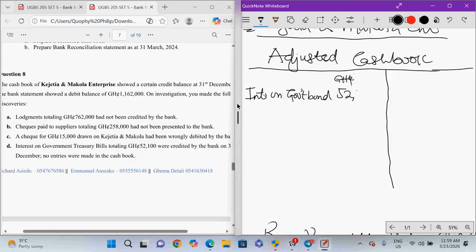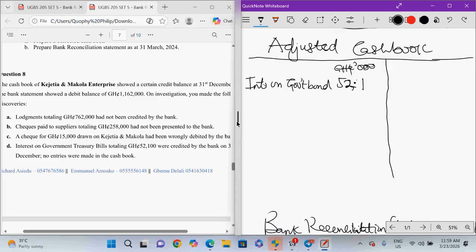Yes, so for the bank, this one will be 52,100 divided by 1,000, and that will be 52.1. We are leaving all figures at 3 zeros, so we divide the figure by 1,000, and we are getting 52.1. Okay, let's continue.